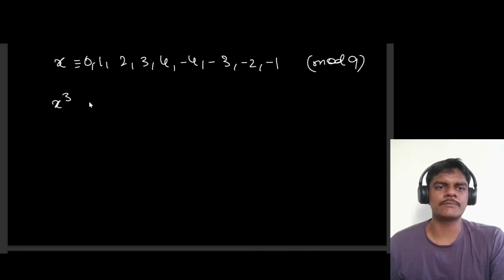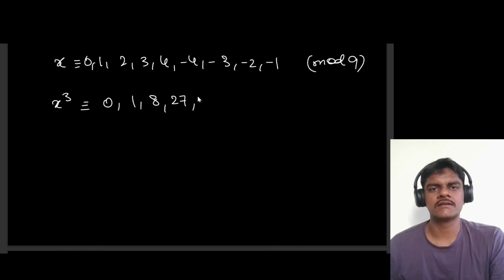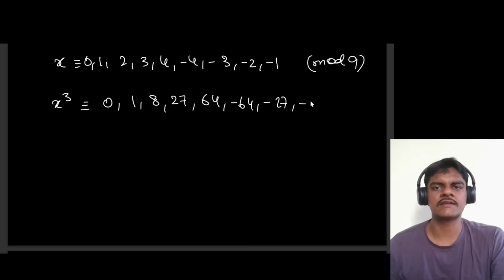Now x cube is congruent to 0, 1, 8, 27, 4 cube 64, minus 64, minus 27, minus 8, minus 1, mod 9.